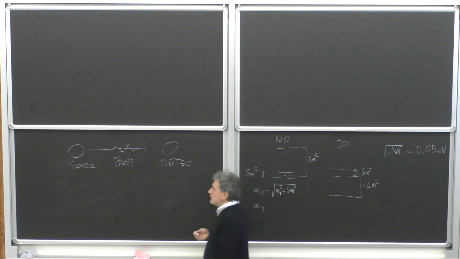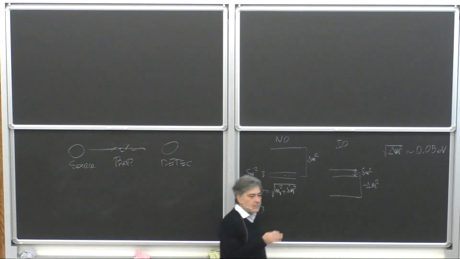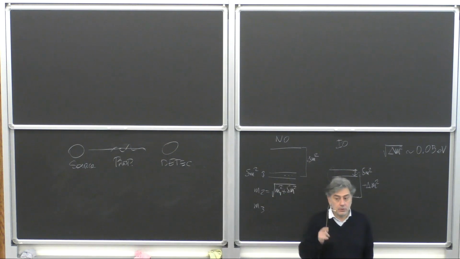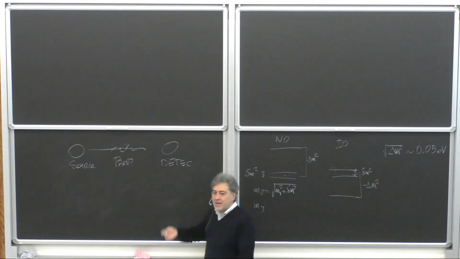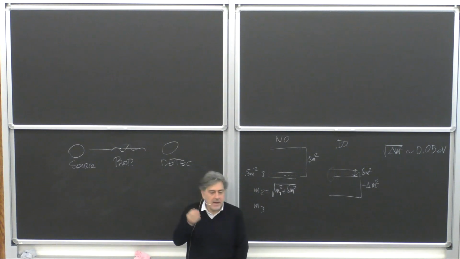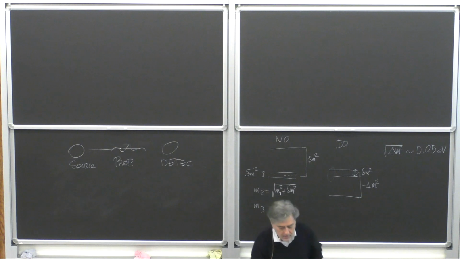So there are many experiments that will be able to measure supernova neutrinos from a galactic supernova at 10, 15 kiloparsec. We hope it is not near the Earth, actually.